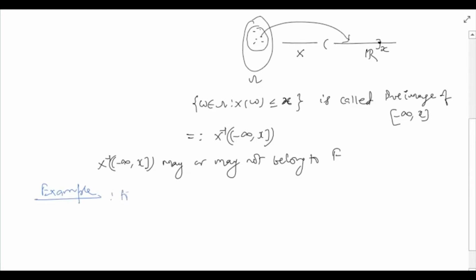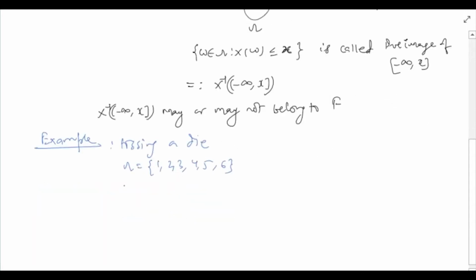Consider the random experiment of tossing a die. In this case, the sample space is 1, 2, 3, 4, 5, 6. Let us consider the event space F to be the empty set, Omega, {1, 2}, {3, 4, 5, 6}.